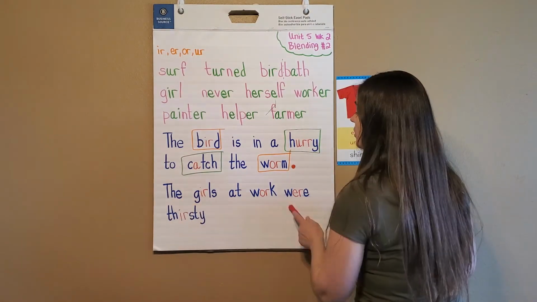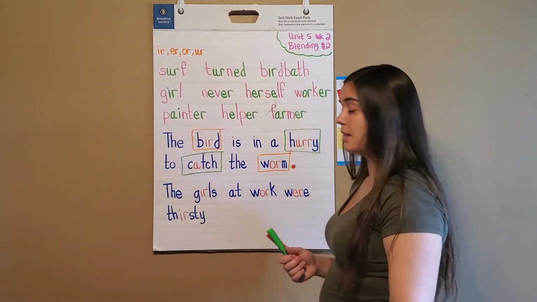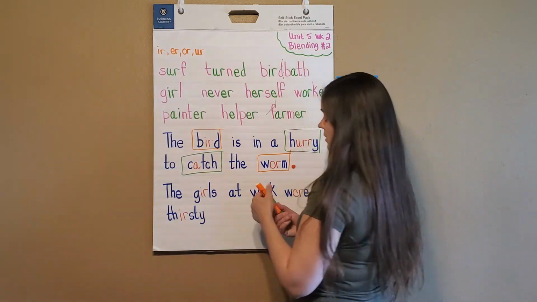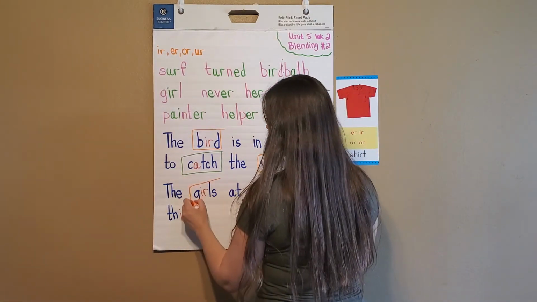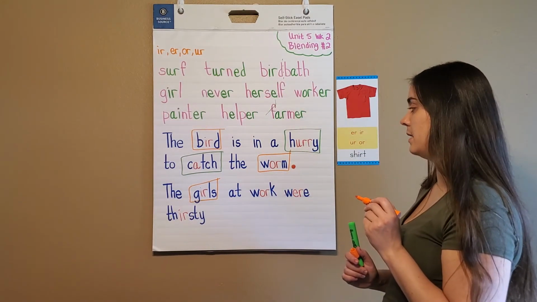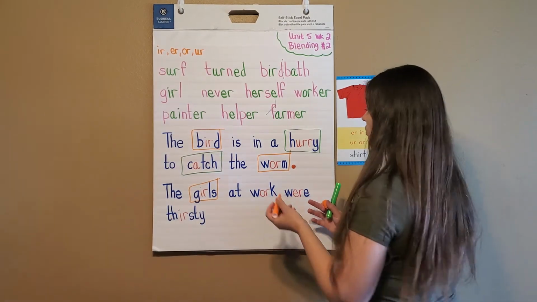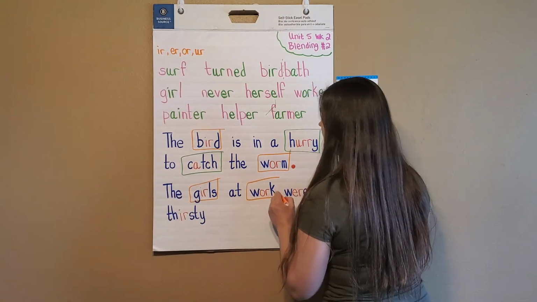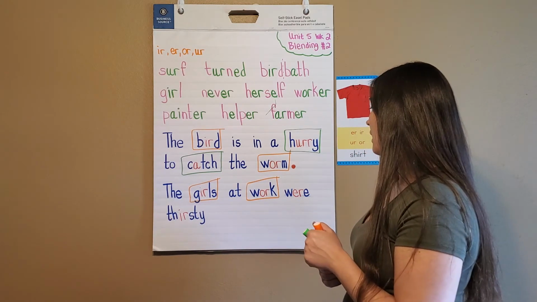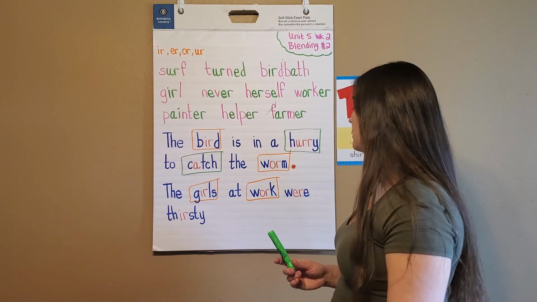All right, so let's work on nouns and verbs with this sentence. So yes, girls is a noun. Girls are people. And what else? Work. Work is a noun in this case because it is a place. And what about our verbs?